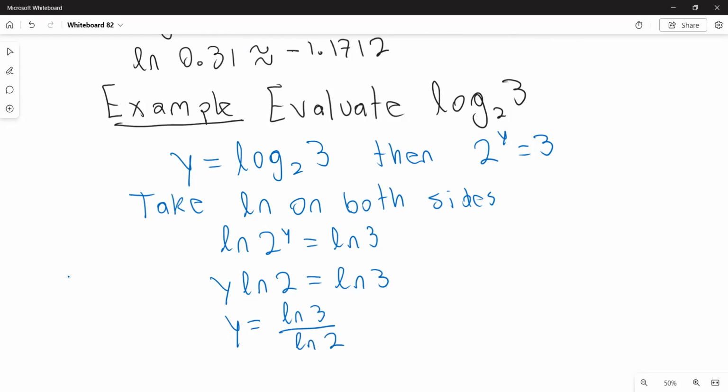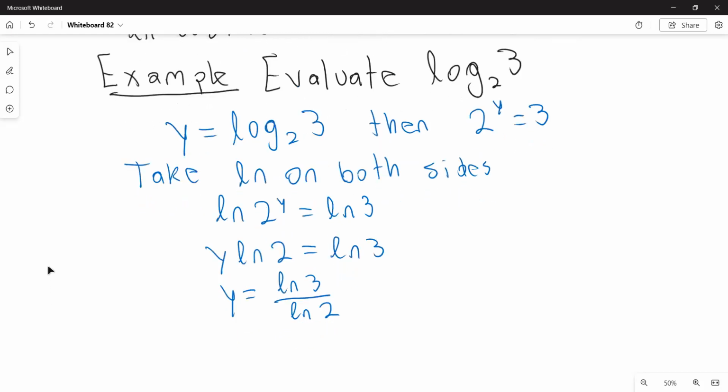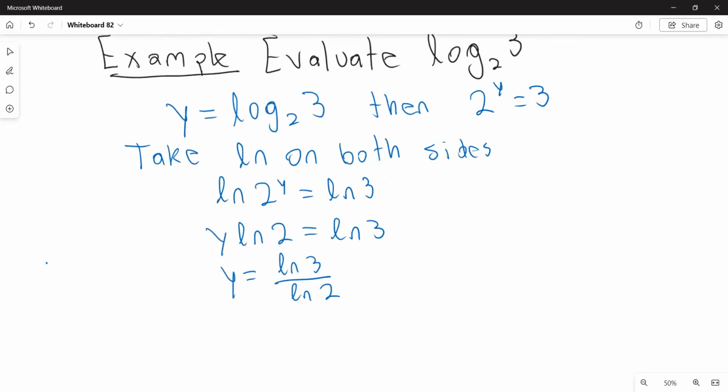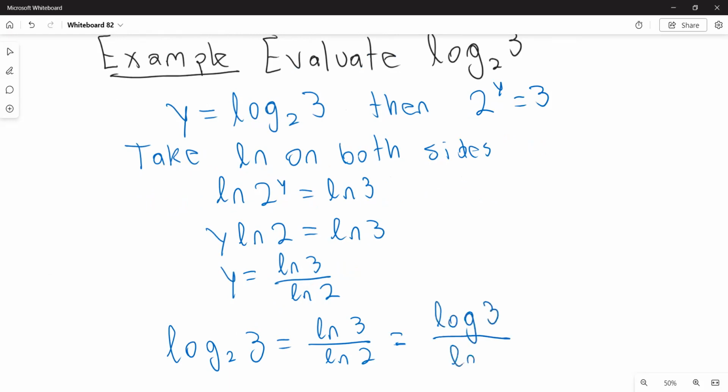So we got something. But y was initially logarithm with base 2 of 3. So logarithm with base 2 of 3 is natural logarithm of 3 over natural logarithm of 2. For no particular reason, I chose the natural logarithm, but I could have chosen the decimal logarithm, and the answer is the same. Let's compare.